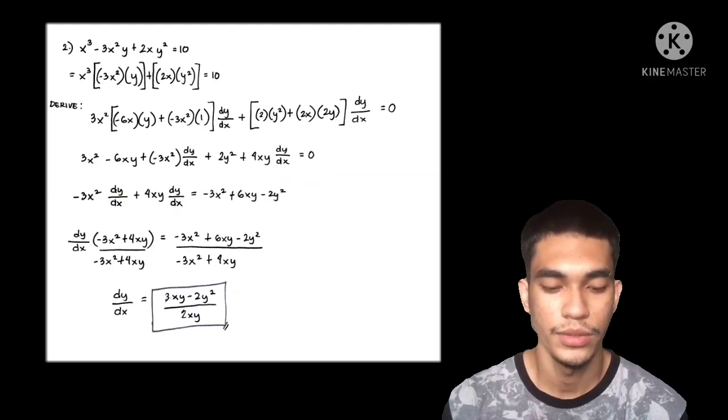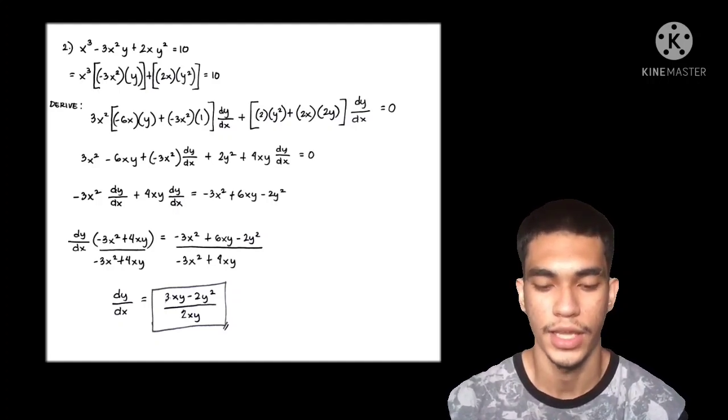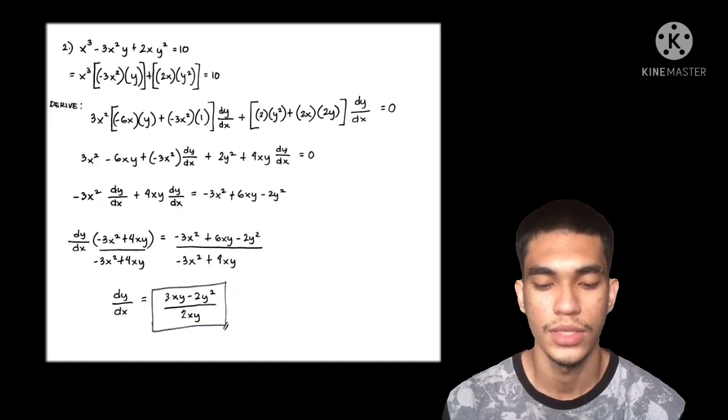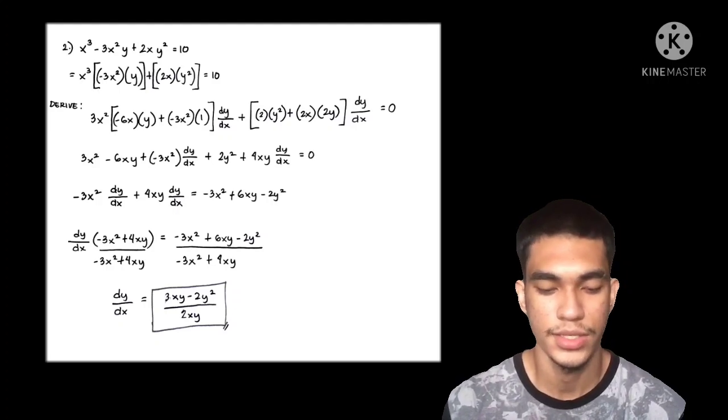Copy the 3x squared, then negative 6x times y is negative 6xy, plus the negative 3x squared times 1 is going to be the same, then the dy over dx, then plus 2 times y squared is 2y squared, plus 2x times 2y, that will become 4xy, and then the dy over dx equals 0.